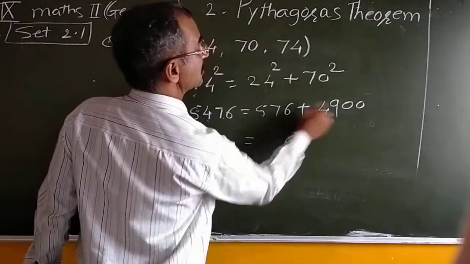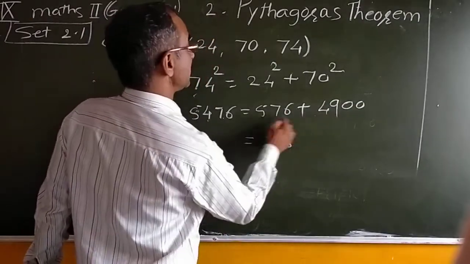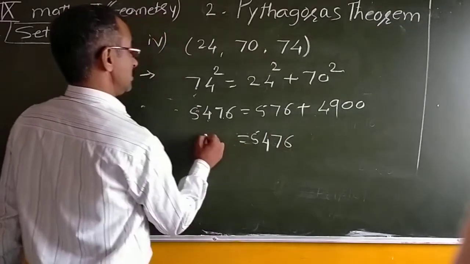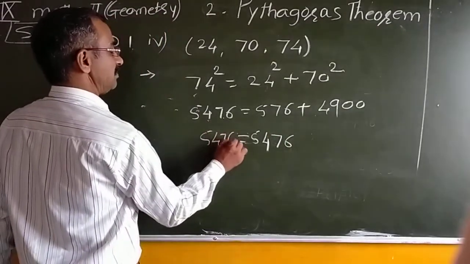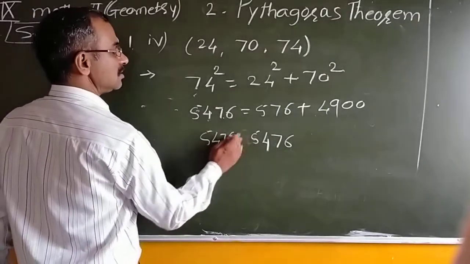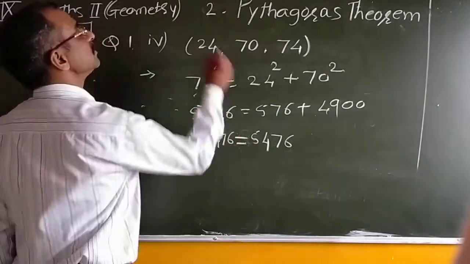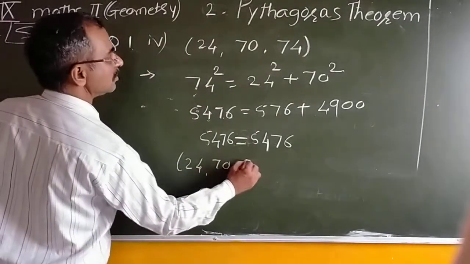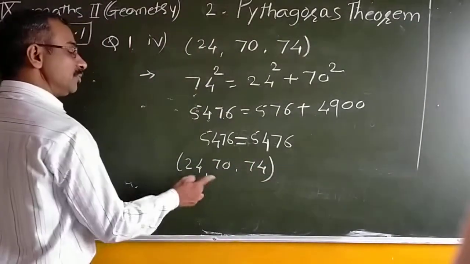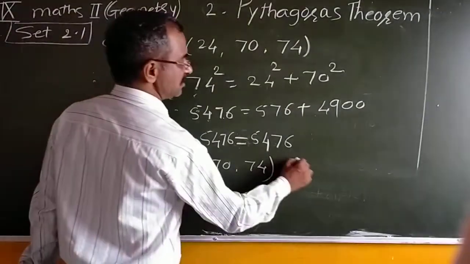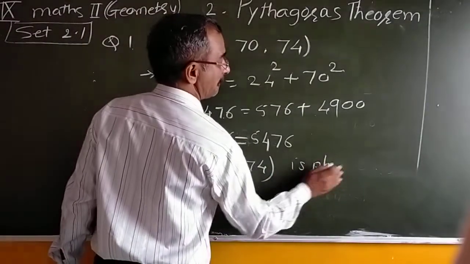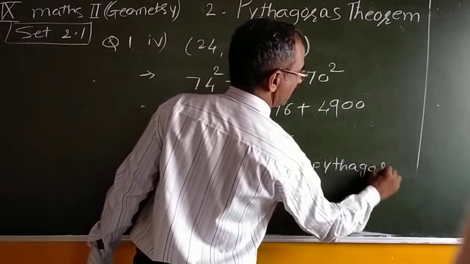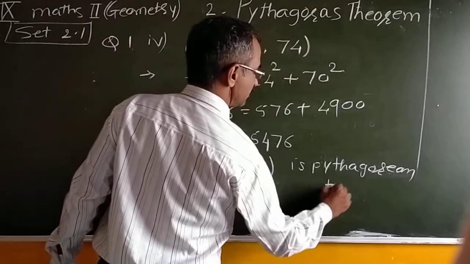576 plus 4900 is 5476. On both sides, left hand and right hand, both sides are the same, so they are equal. Means the triplet 24, 70 and 74 is a Pythagorean triplet.